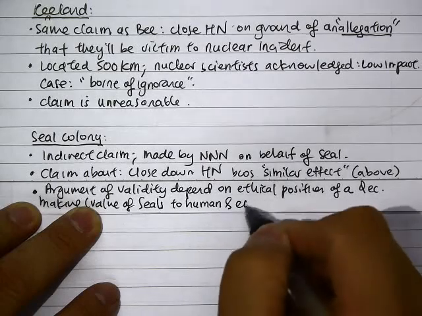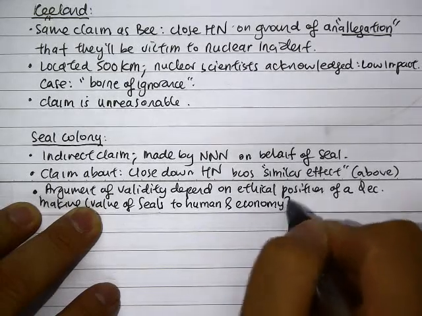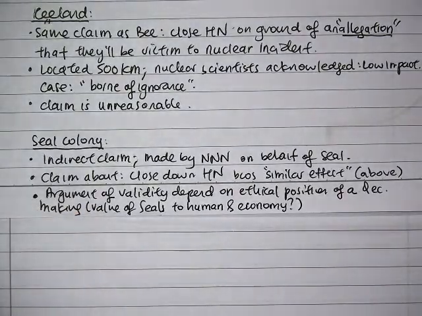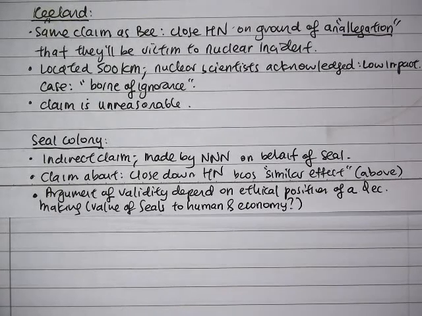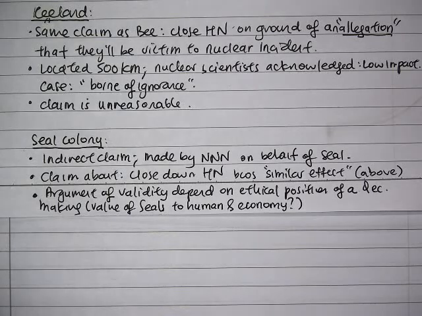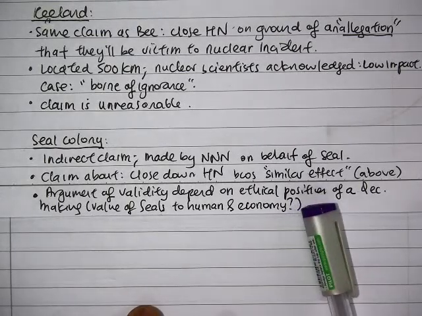Okay, it depends on an ethical decision of the ethical position of a decision maker. So you got to see that what is the value of the seal, the value of the seal to human and to the economy.